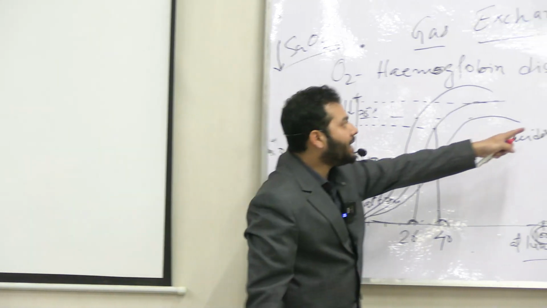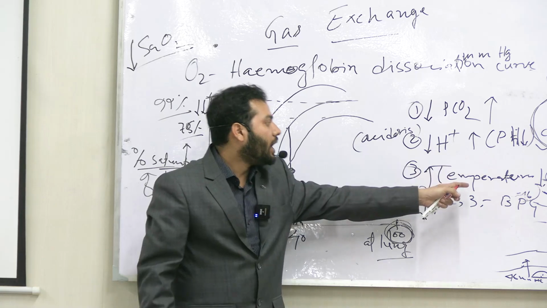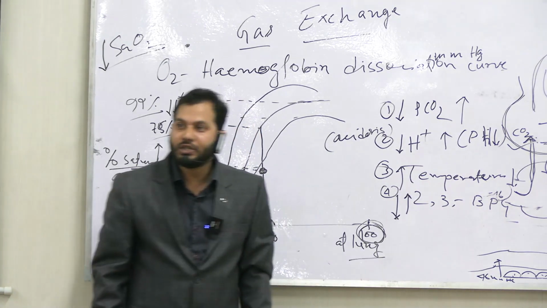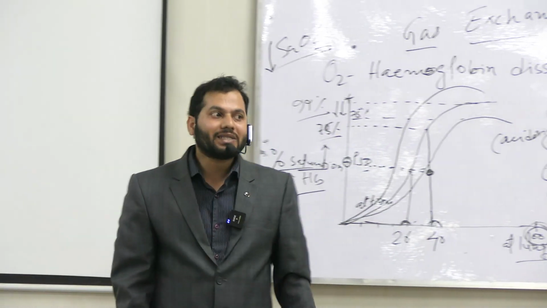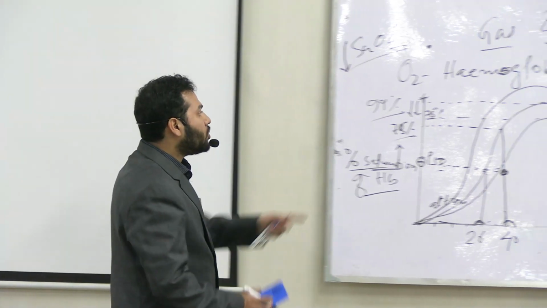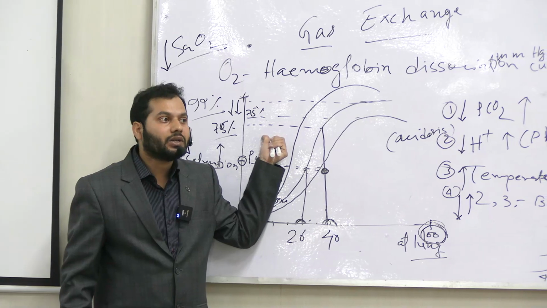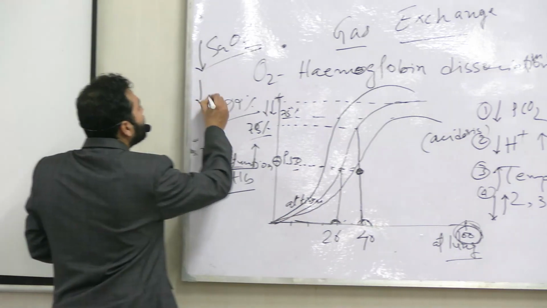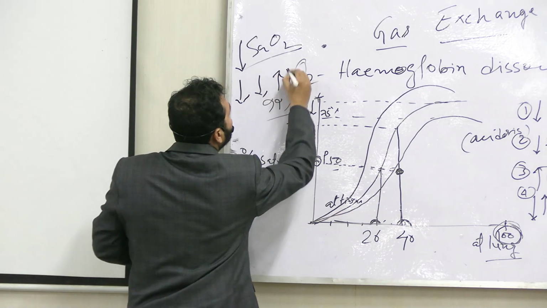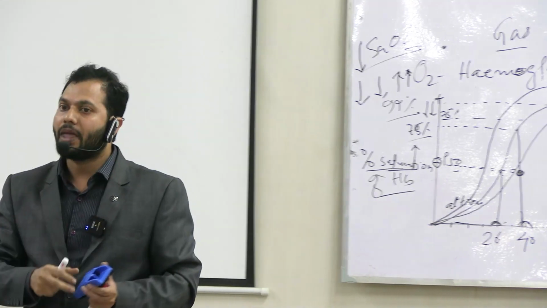Here, due to the decrease in PCO2, H plus ion, temperature and 2,3 BPG, it is shifted towards the left side. So shifted towards the left side, it indicates whether the affinity between oxygen and hemoglobin will increase or decrease.